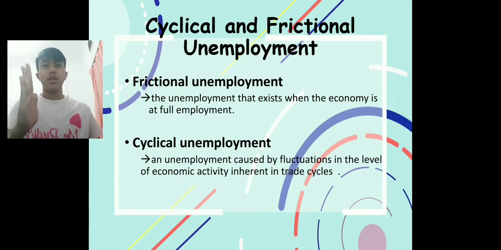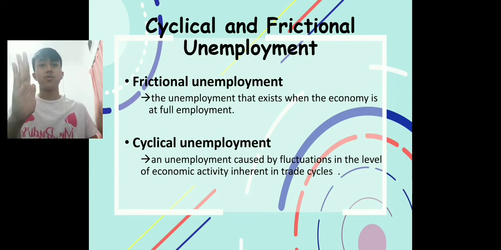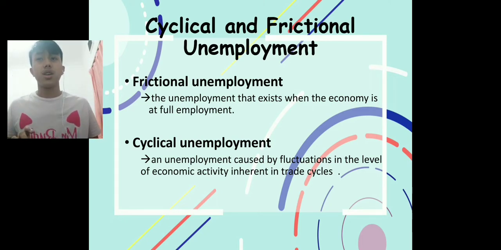In the process of moving from one job to another, the person can be considered frictionally unemployed because they don't have a job and they are searching for a job.